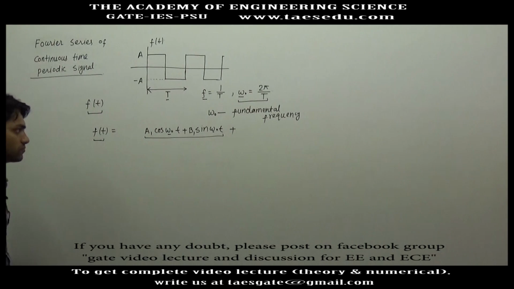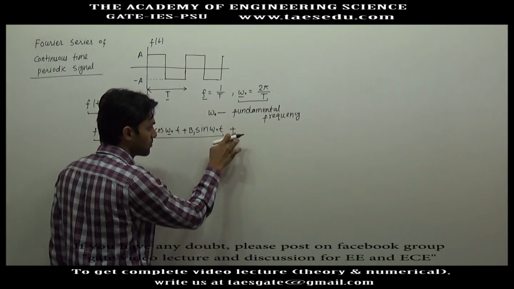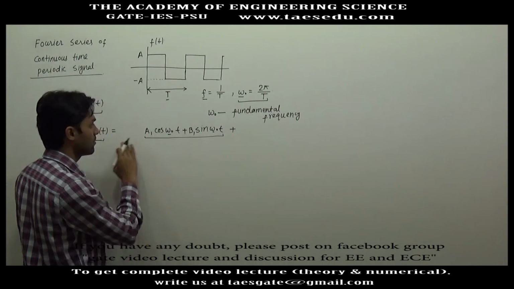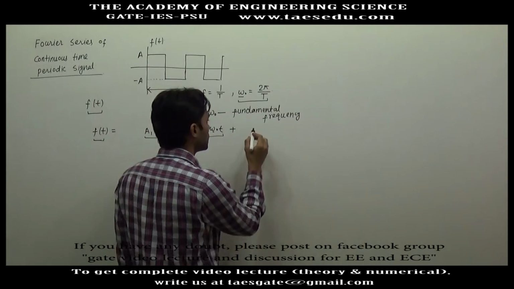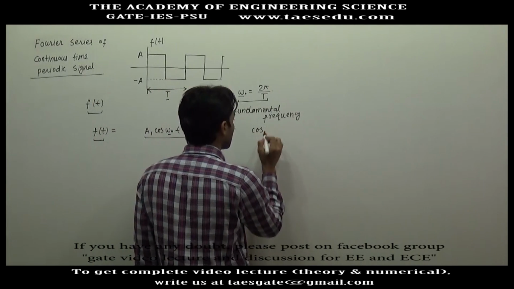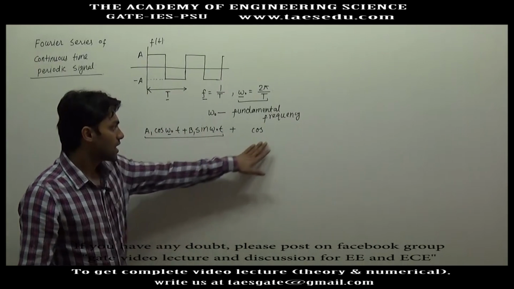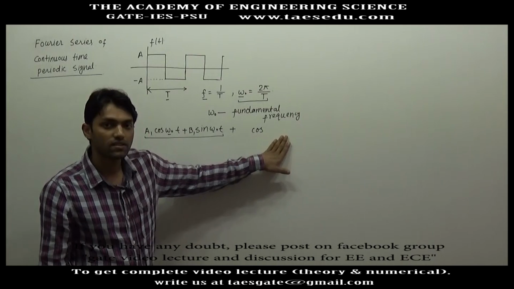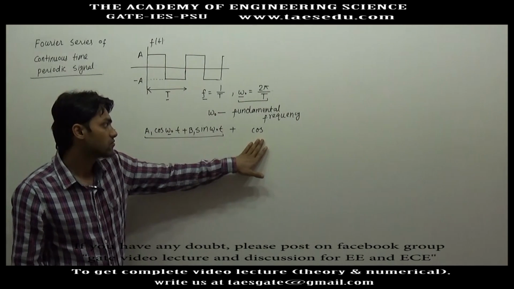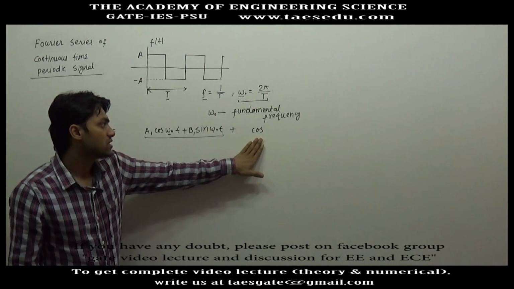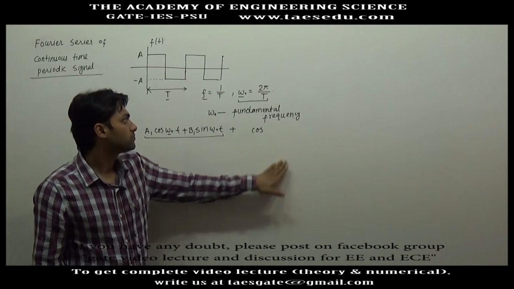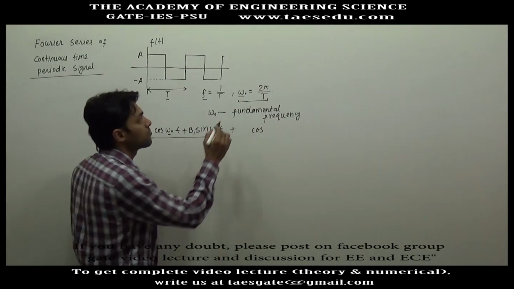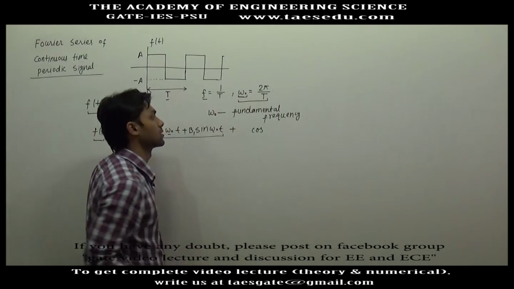But to complete f(t), the complete representation will have more sine and cos terms. We have to represent more cos and sine terms, so they will also have some frequency. All the other frequencies will be integral multiples of omega naught.